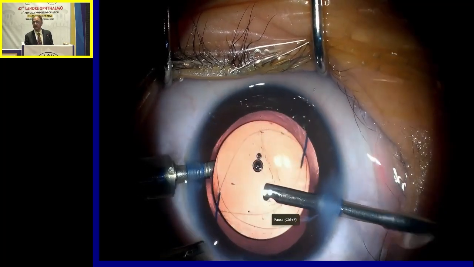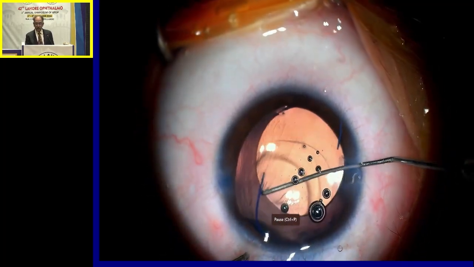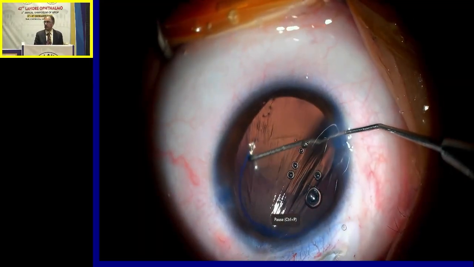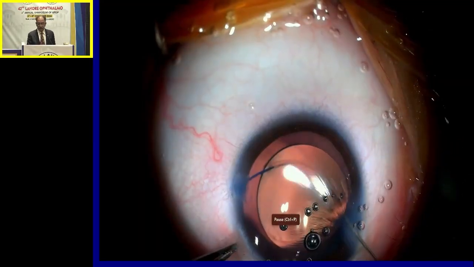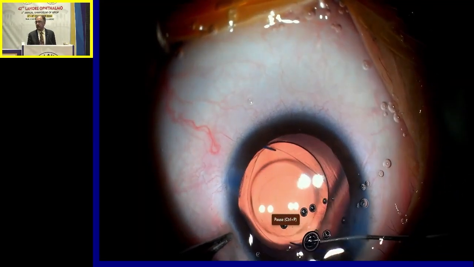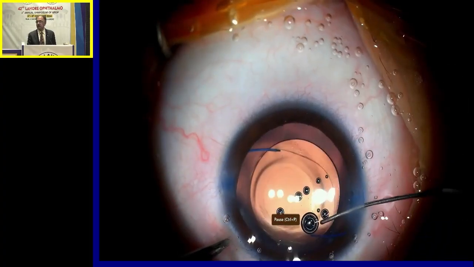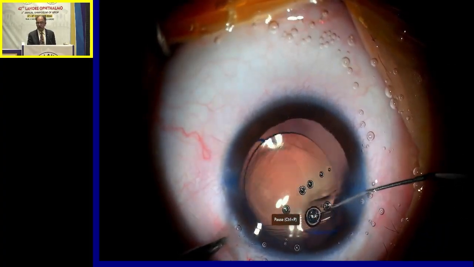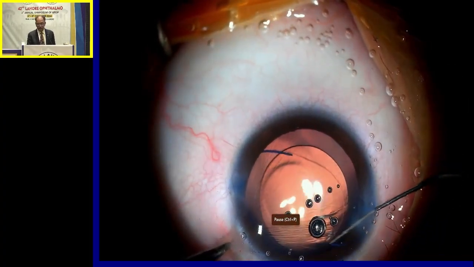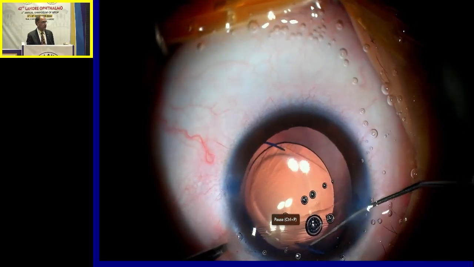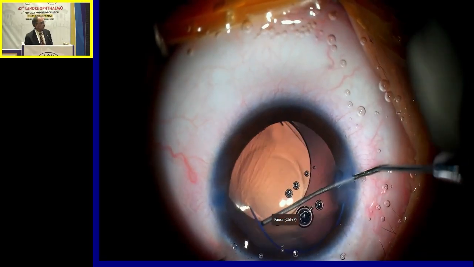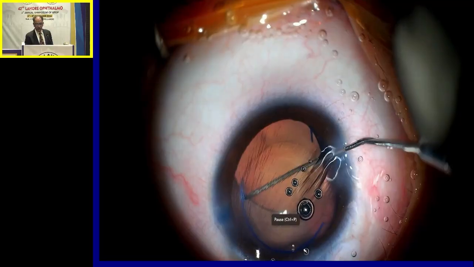If you do a posterior capsule rhexis and you put the IOL, it gives you a better look of the posterior rhexis than with the cutter. With the cutter you can also capture that, but this one is more beautiful. So I think this is the last.